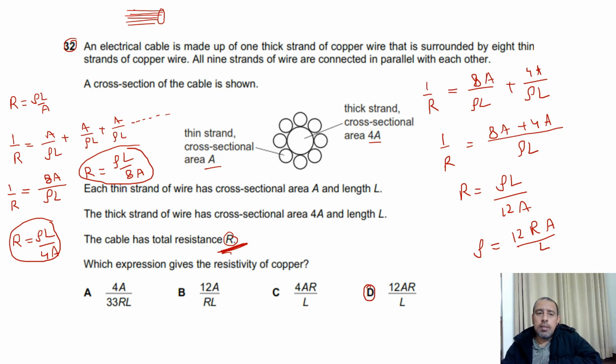So this is the question related with resistivity, resistance, length and area. Just look at this question again. We have these 8 wires with a thin one and the wire with a thick one. So in total we have 9 wires, and all these wires are in parallel with each other.